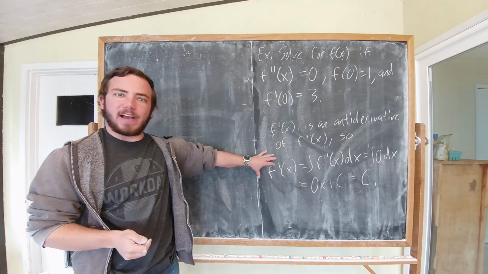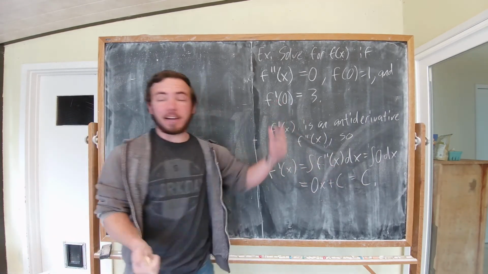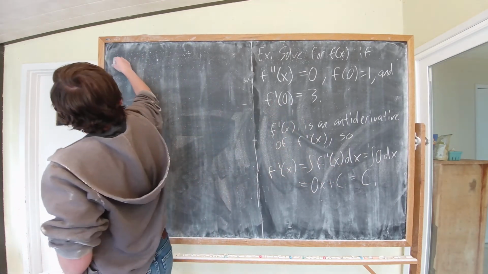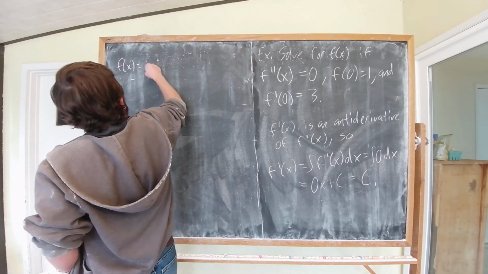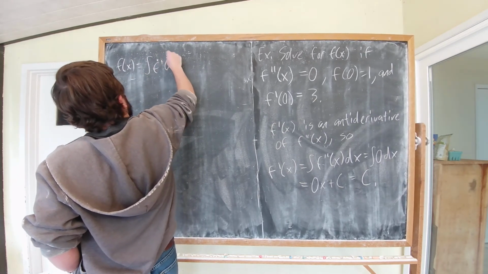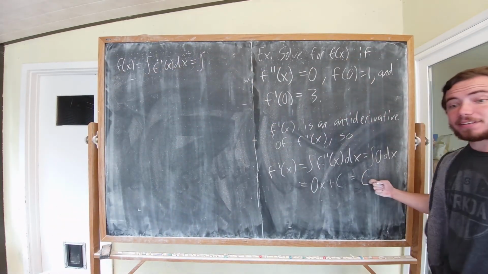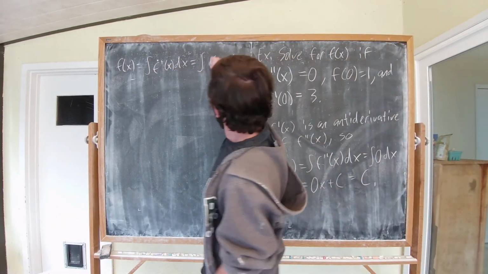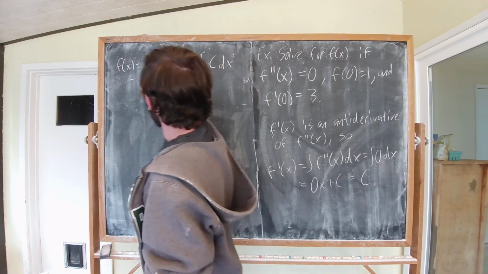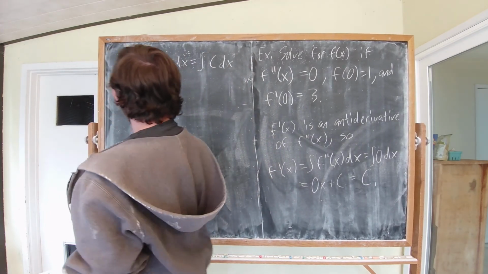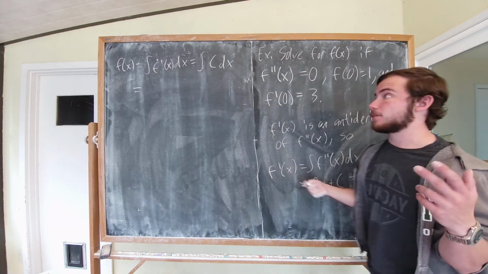Okay, now we have f prime of x. We know how to get f of x from there. F of x is now the integral of f prime of x dx, aka the integral of c dx. C is just a constant. Any constant.